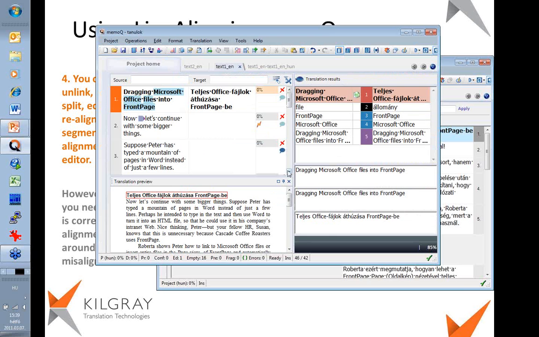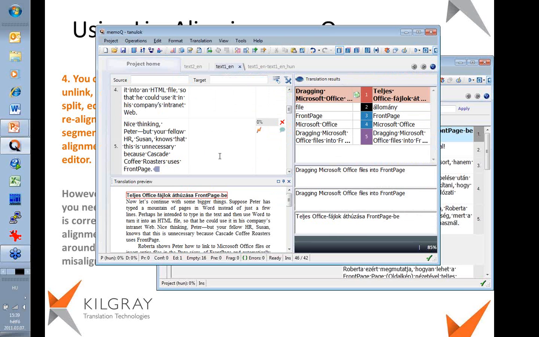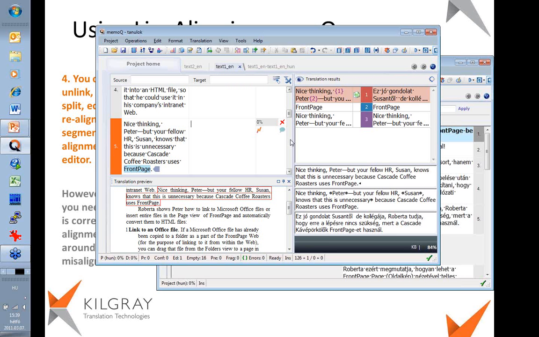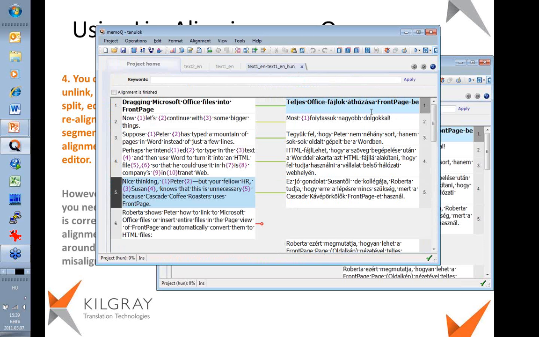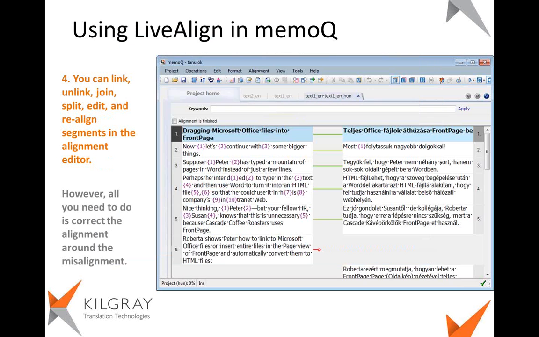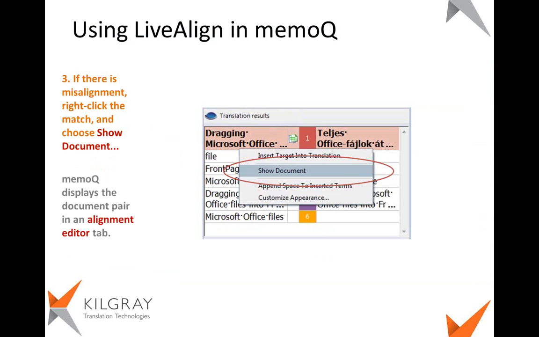But if I go to somewhere more deeply in the document, just close it, right-click, Show Document, it will jump to the segment, the very segment that yielded the translation. And this is important because of the way you actually, let me just move back here.